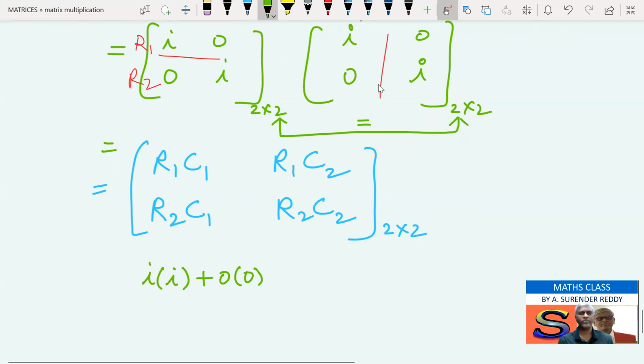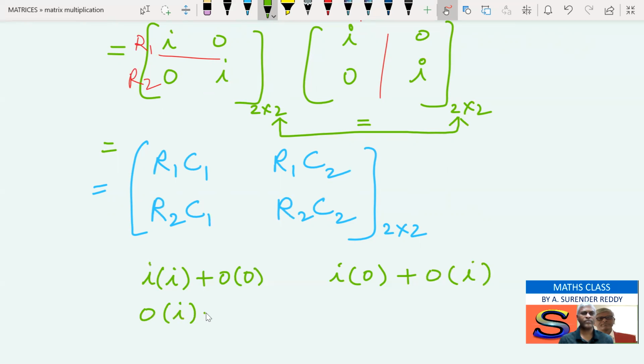Then [I, 0] with [0, I]: I into 0 plus 0 into I. Next R2 C1: [0, I] with [I, 0]: 0 into I plus I into 0. So R2 C2: 0 into 0 plus I into I.